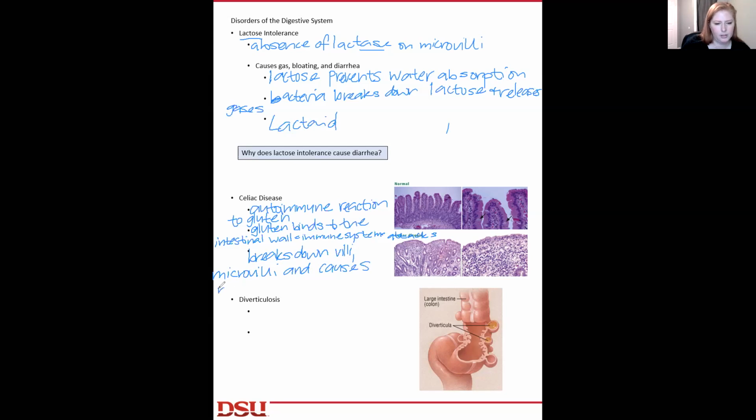So as you can imagine, this can cause malnutrition because the lining is so damaged that it can't absorb nutrients.